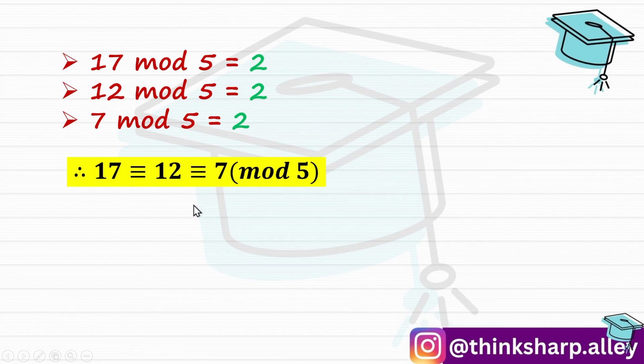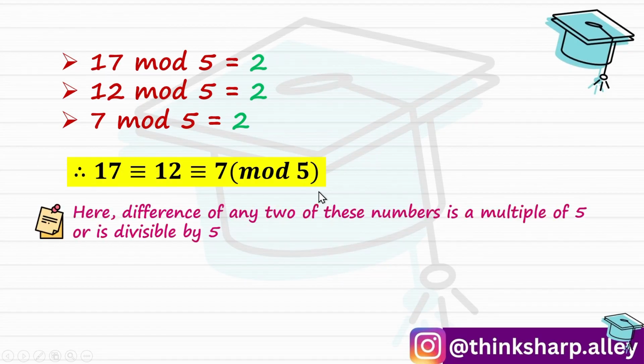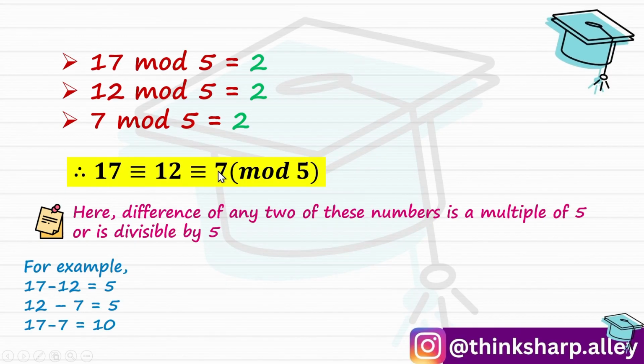Now one more way to think about this is that the difference between any two congruent numbers will always be a multiple of 5 or divisible by 5. For example, if you take 17 minus 12 or 12 minus 7 or 17 minus 7, each of these differences you see are divisible by 5.